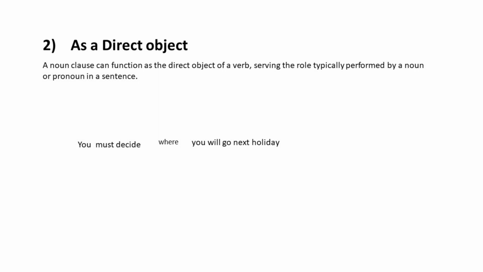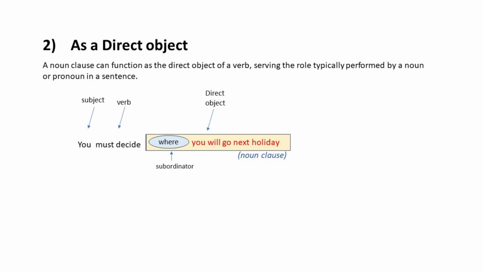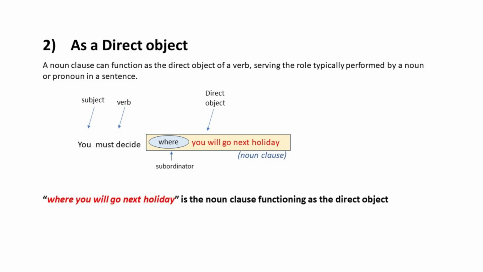You is the subject, must decide is the verb, where you will go next holiday is a noun clause with where as subordinator, and it is a direct object. So we can conclude that where you will go next holiday is the noun clause functioning as the direct object.